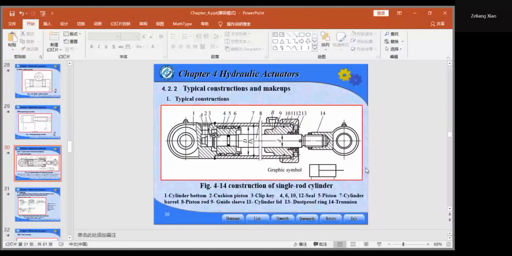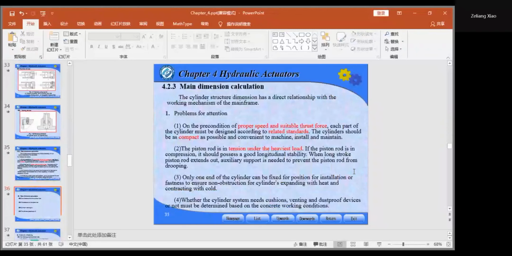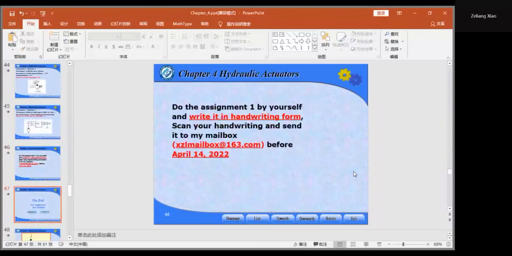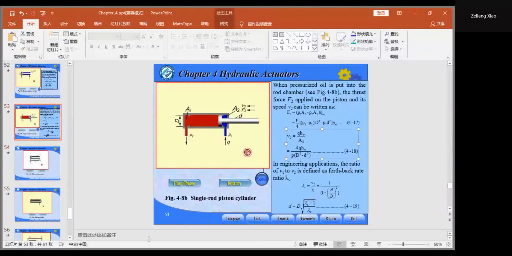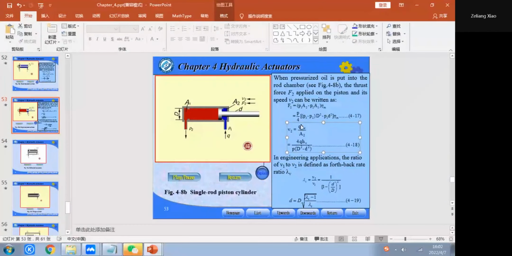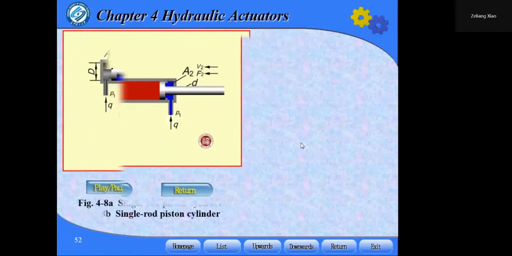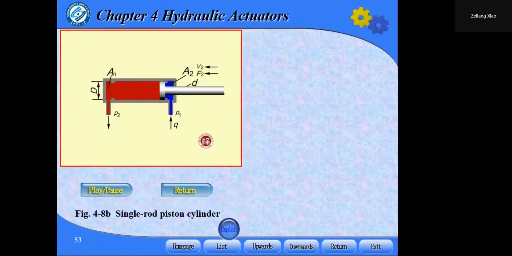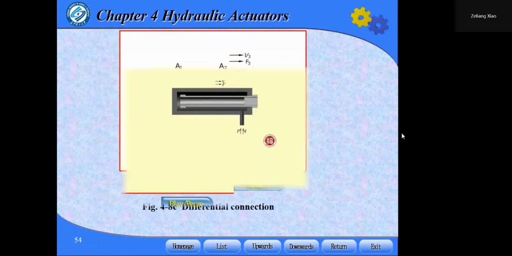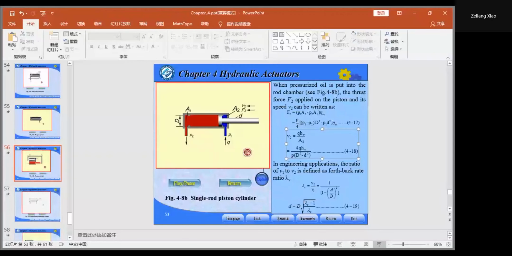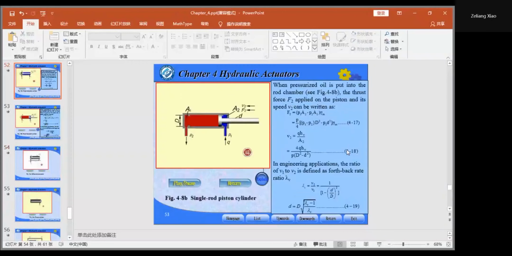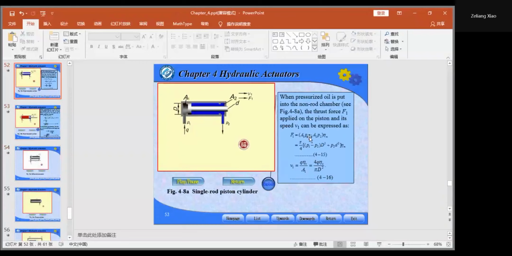Actually, I have typed the equations. Yeah, this one.